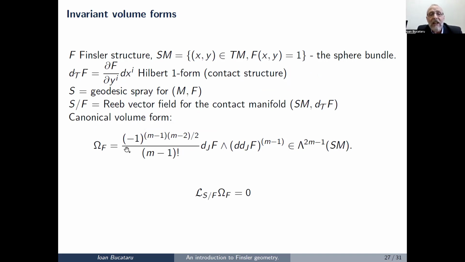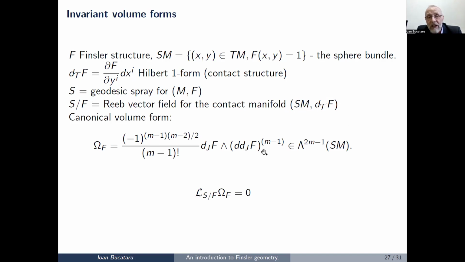So what I did is, if I have a Finsler structure, I can construct this sphere bundle. So I consider only a submanifold of TM of norm 1. So I consider only those directions of norm 1. This together with this Hilbert 1-form and the corresponding normalized geodesic field is a contact manifold.